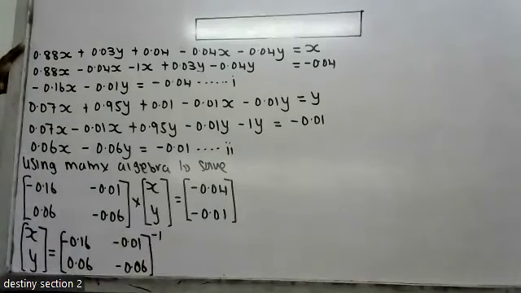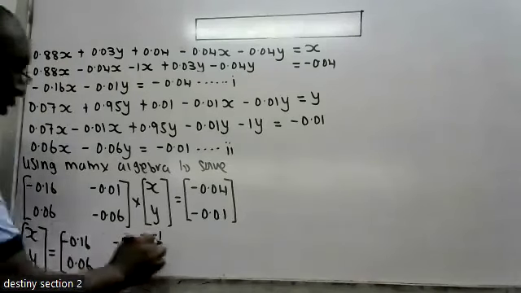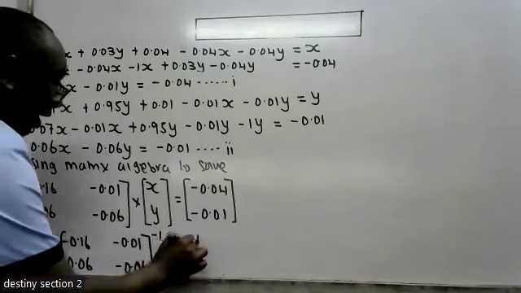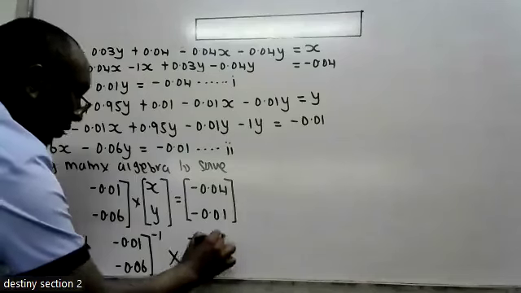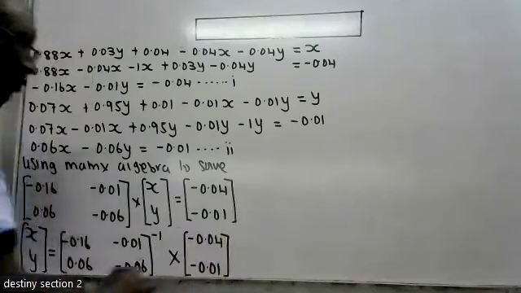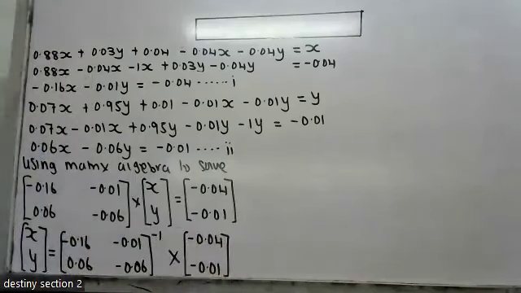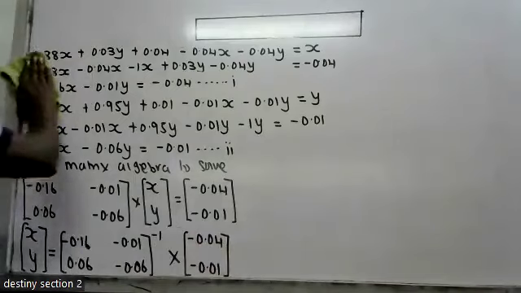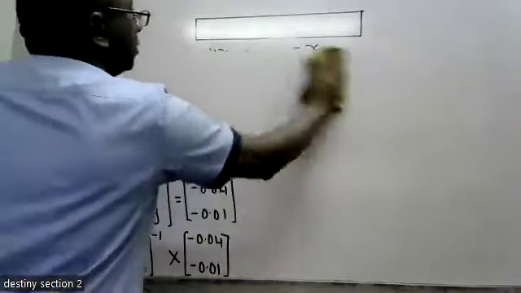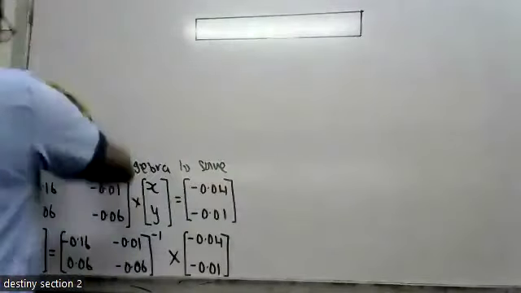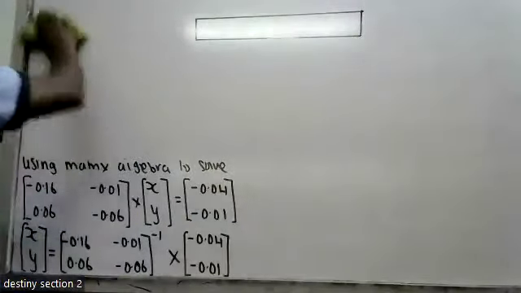But we say it comes in as an inverse to multiply minus 0.04, minus 0.01, multiplying that way. Hope you still remember how we solve equations using the matrix method.